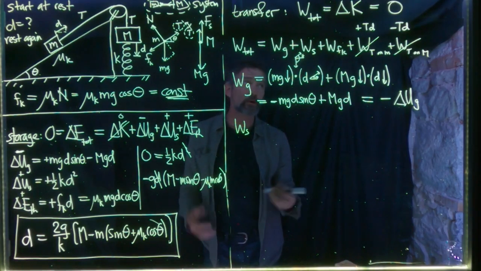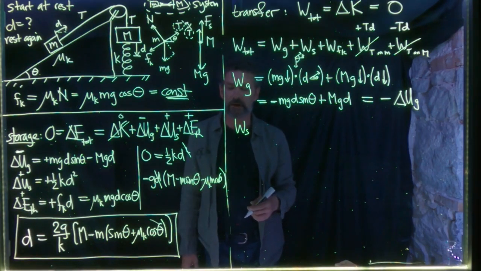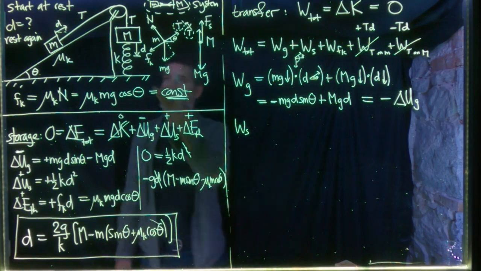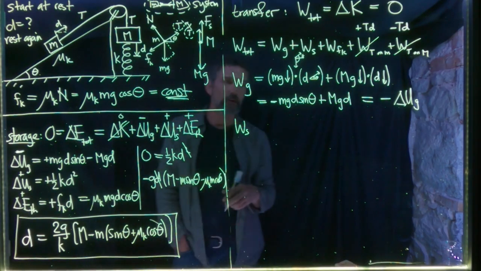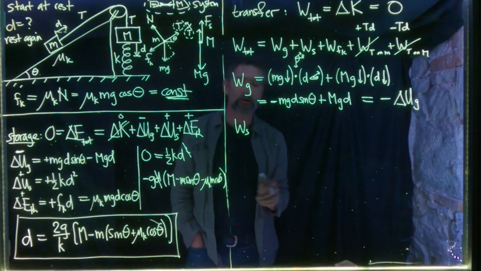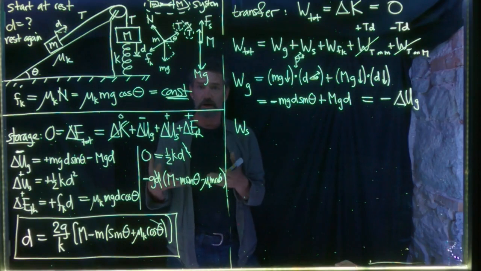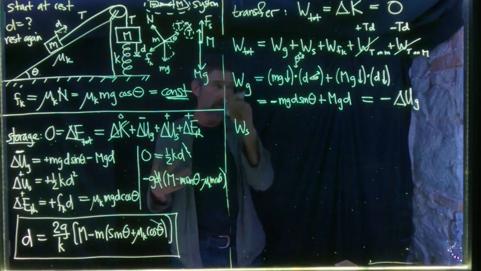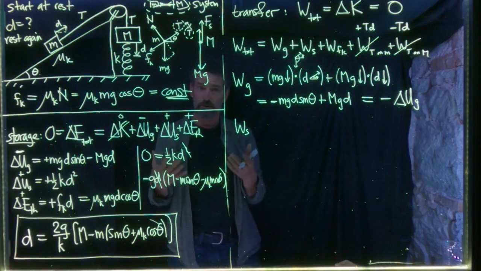Okay, so the work done by the spring, in that case, because the spring force is not constant, we really have to do that integral. And we did that integral already, so let's not mess this up by doing a whole integral. But remember that at the end of the day, the work done by the spring is, just like the work done by gravity, the negative of the change in the energy stored in the spring.